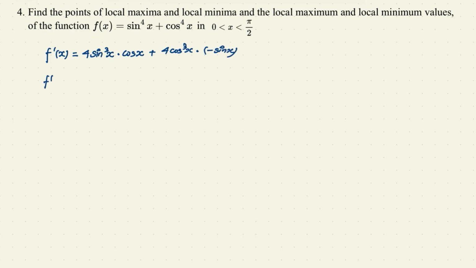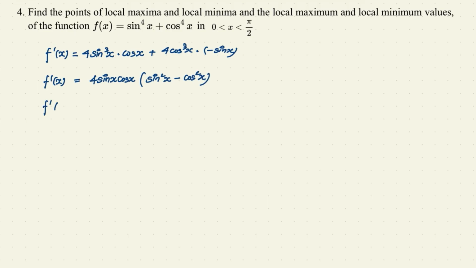So my f'(x) will be equal to, let us take out 4 sin x cos x common, then I'll have sin^2 x minus cos^2 x inside the bracket.